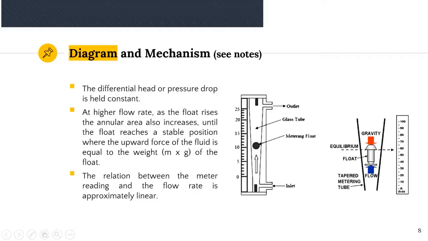So after it reaches this height, the upward force of the fluid equals the weight of the float by gravity, so it will be stable at this point. It will give you the flow rate value of the inlet flow, read at the highest point with the largest surface area, so in the middle of the sphere, around 11.